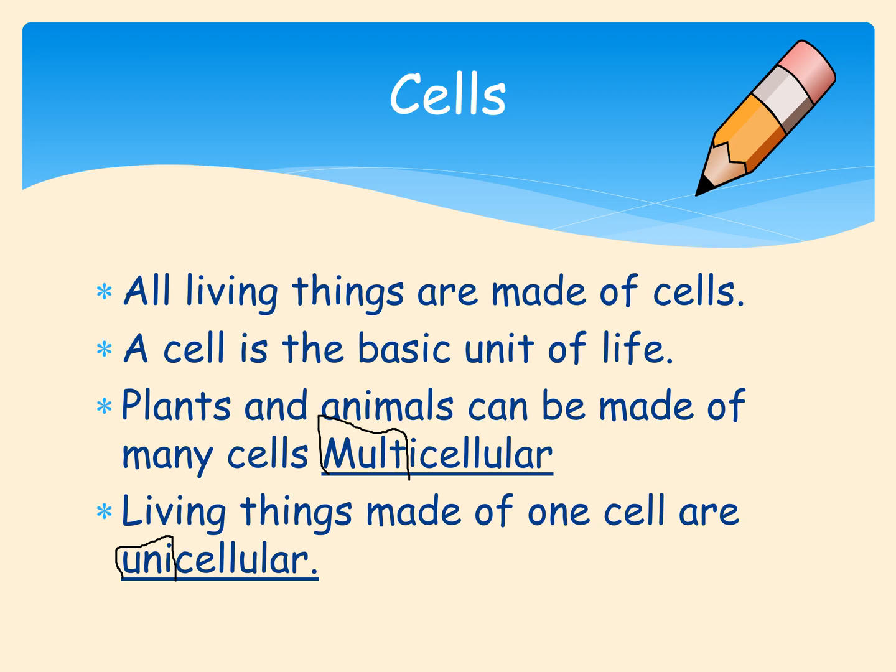Unicellular organisms have to have all of their functions in the one cell. All of the different functions like eating, releasing waste, etc. have to be performed by the one cell. It's not like us where we've got lots of different cells that can perform different functions.